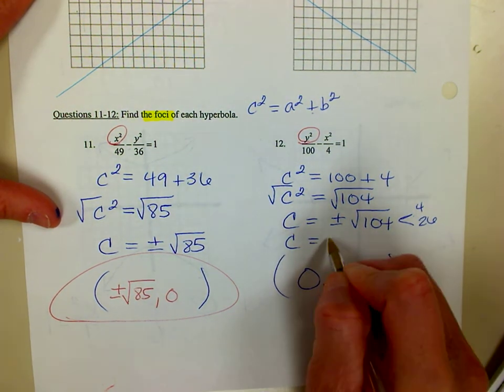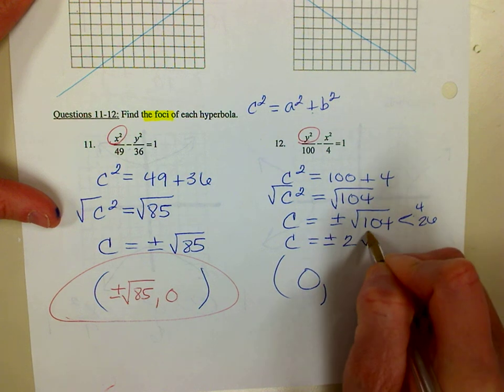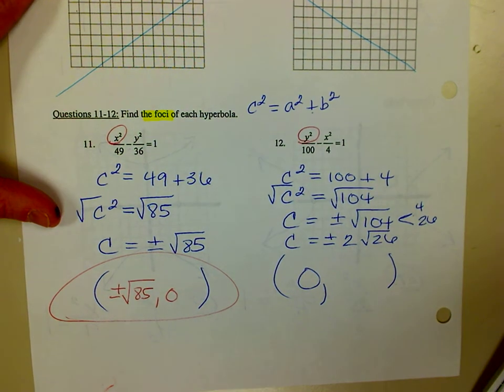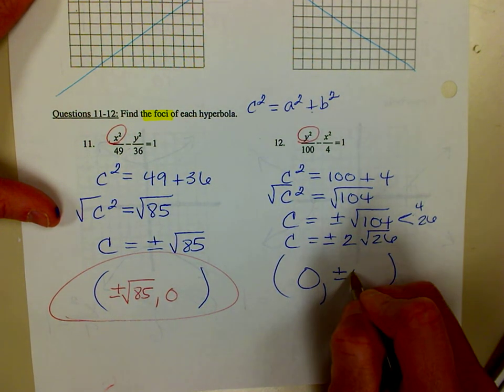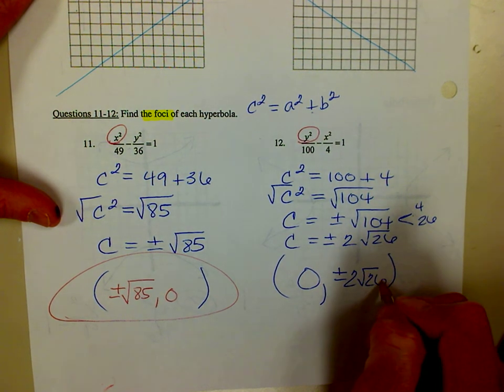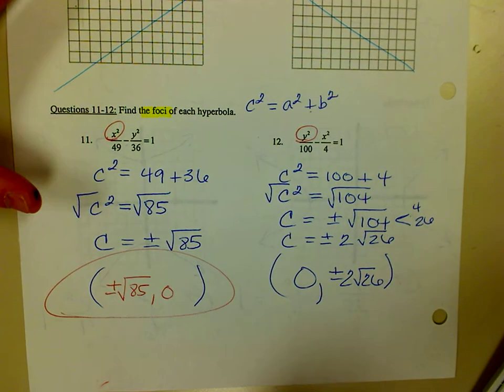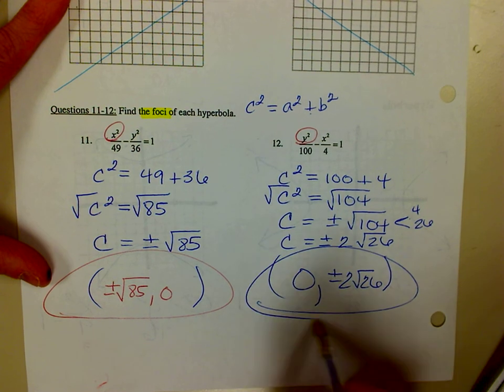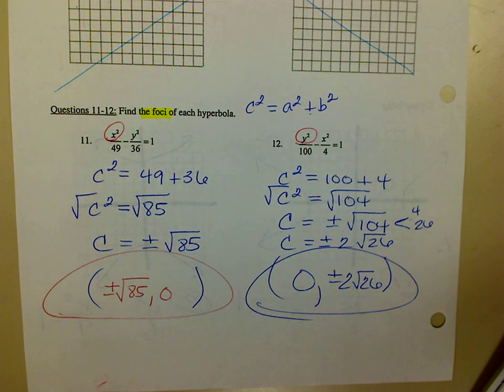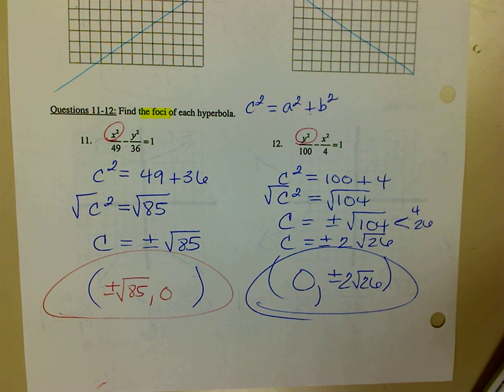The square root of 4 is 2. 26 is not a perfect square. And that number goes in the y spot, not because its number is bigger, but because it's first. So you have to really be careful on this assignment because ellipses and hyperbolas are so similar you might get them confused. So you have to really pay attention to the signs.